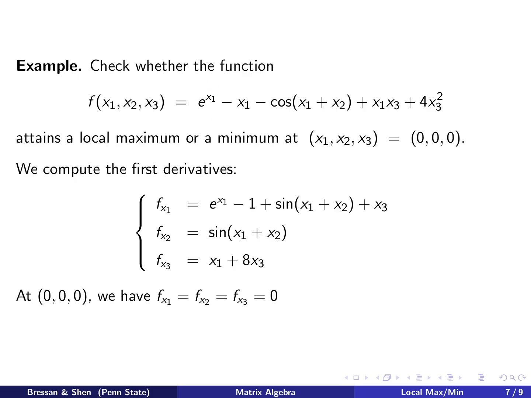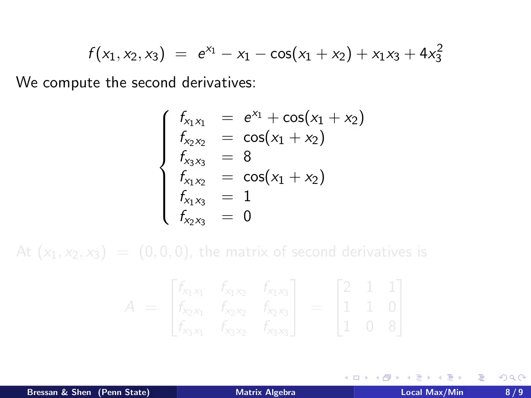This derivative will give us the exponential function in x1, and this will give us 1 because we differentiate in x1, and then differentiating cosine gives you negative sine, and differentiating x1 you get x3, and this is a constant, so you get 0. So you do all these and you get that. And then we want to evaluate at the point 0, 0, 0, the point that we are interested in. We see that all three partial derivatives are 0. So it passed the first derivative test.